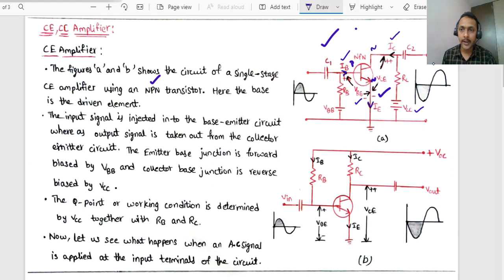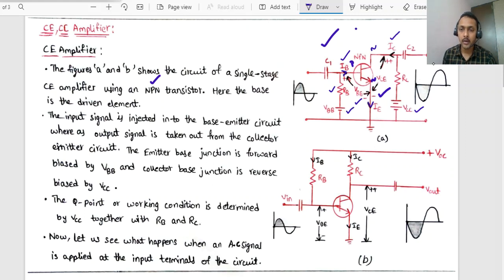IC is the collector current, IB is the base current, IE is the emitter current. RC is the resistor connected to the collector terminal, RB is the resistor connected to the base terminal, and VBB is the base terminal voltage with respect to the ground.